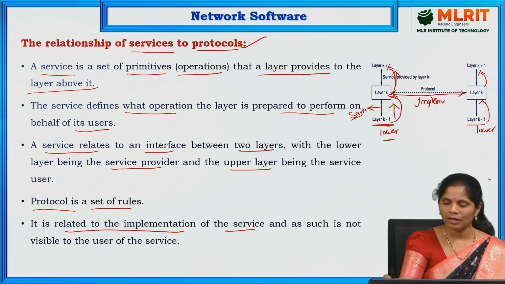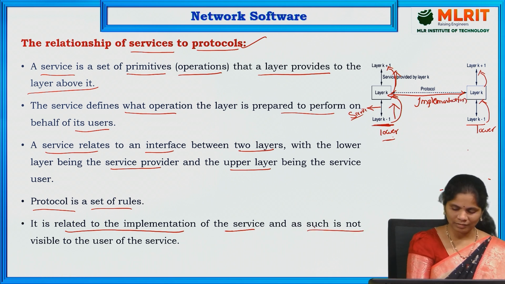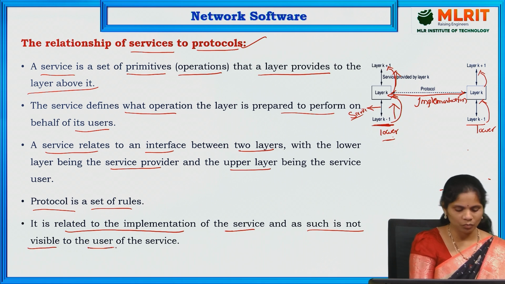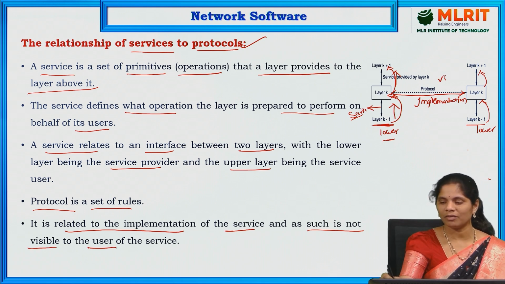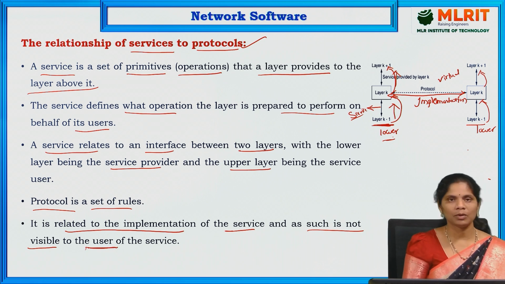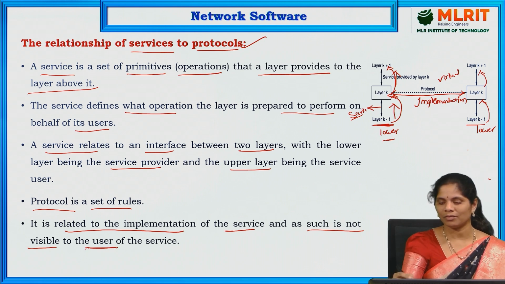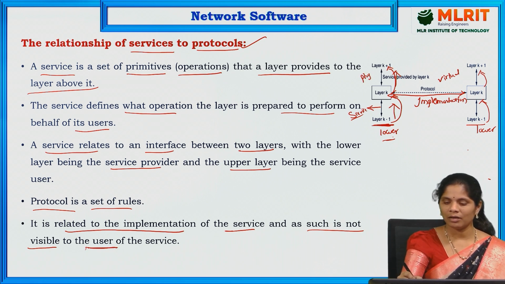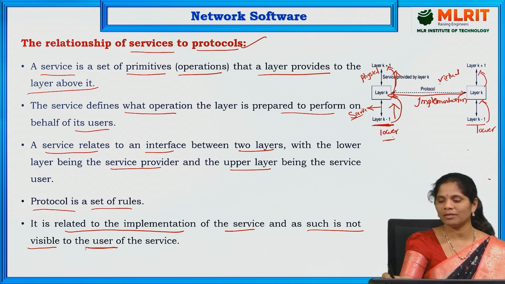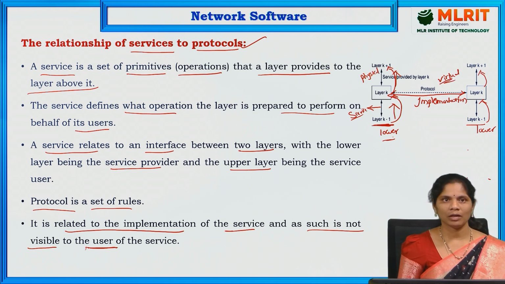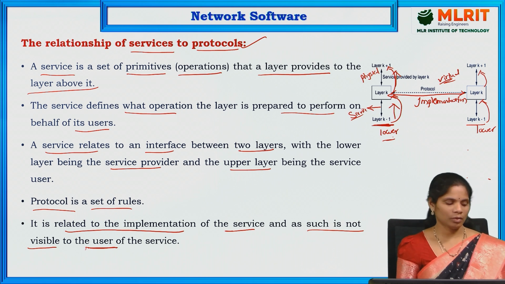This is not visible to the user, meaning it is a virtual communication. Because it is a virtual communication, it is not visible to the user of that particular service. The physical communication is visible, but this is virtual. So that is about the relationship of the services to the protocol.